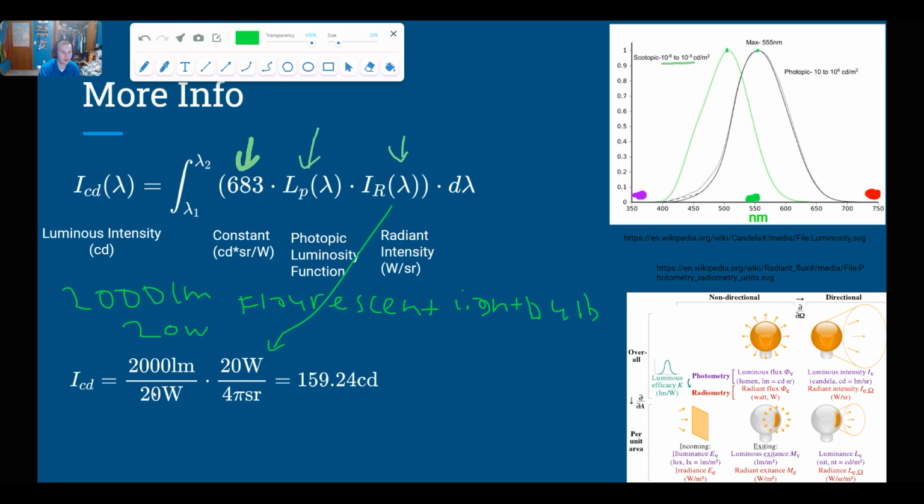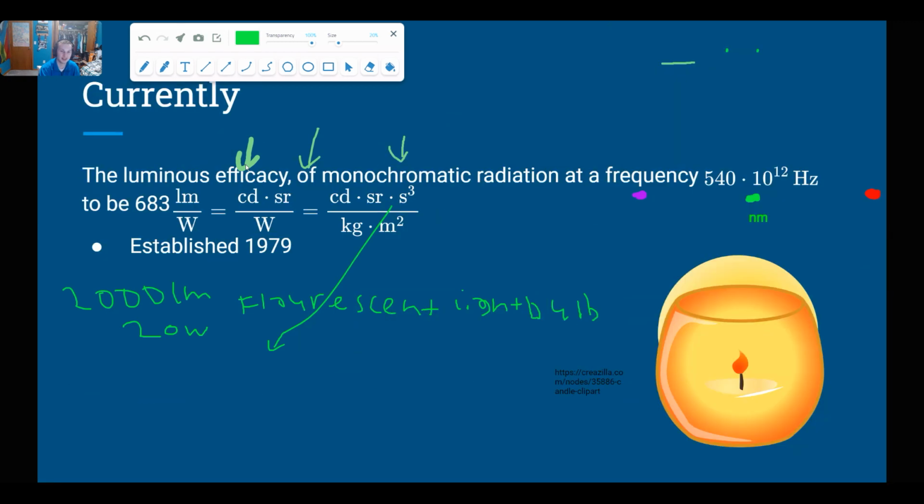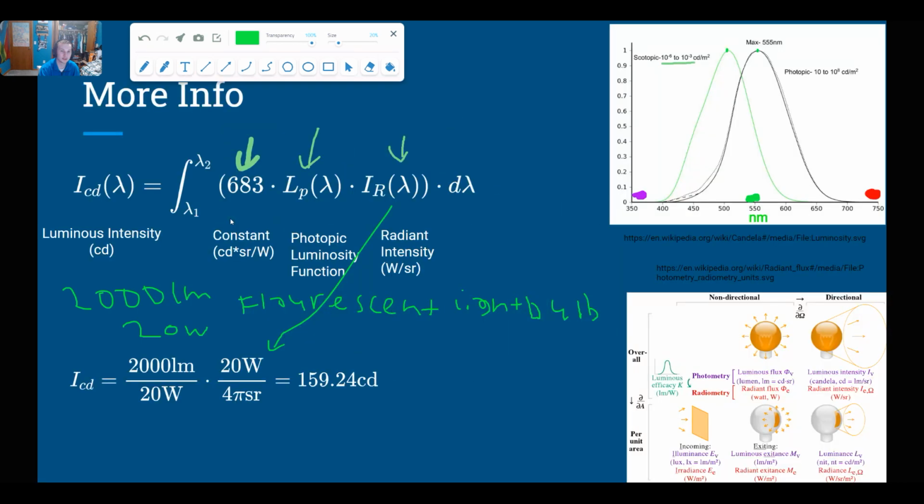And you might be wondering, hang on, how do we get from 683, this quote-unquote fundamental constant, over here to this 2,000 lumens per watt? The answer is that this thing right here is an idealized constant.